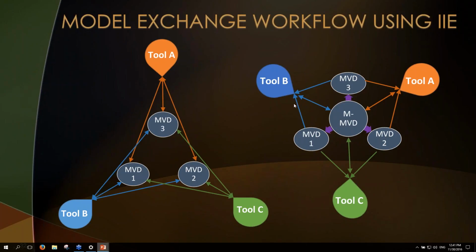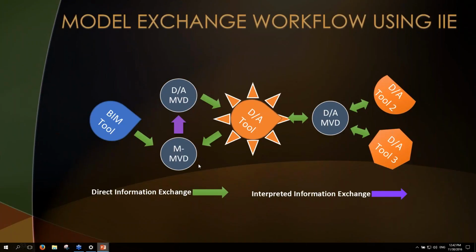So we only expect BIM authoring tools to export that MVD, and then we interpret other MVDs from that master MVD. And from that, if we have one BIM tool and then one design analysis tool, we only need the BIM tool to export a model to a master MVD.